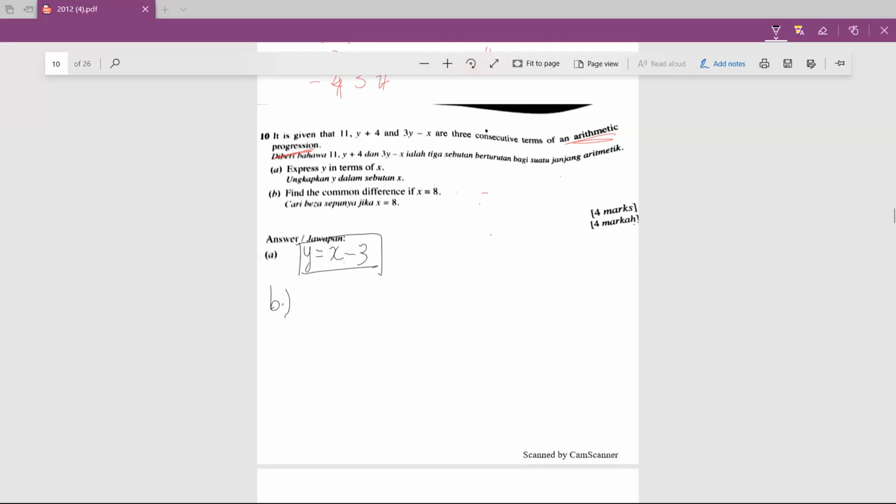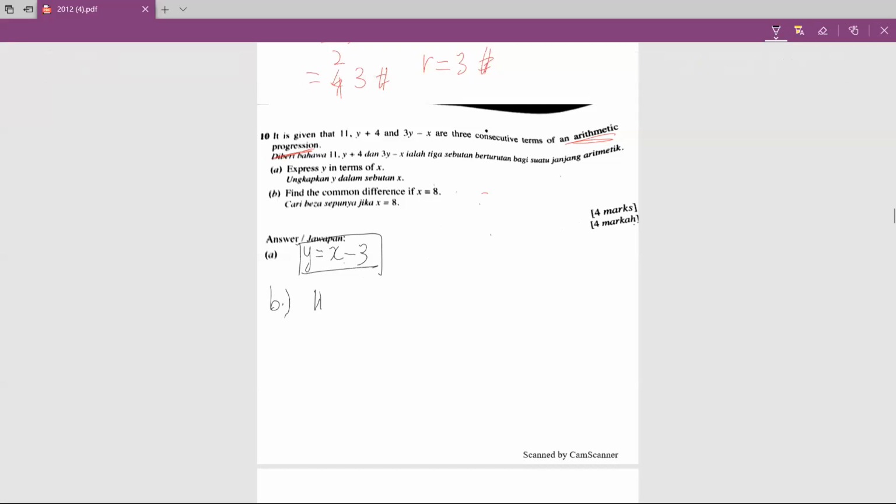Okay, let's look at part B. Part B, dia kata find the common difference if x equals to 8. Sekarang, kita dah tahu. Dah diberi dalam soalan 11, y plus 4, 3y minus x. Betul tak? Kita dah tahu yang diberi x equals to 8. So how do we find a concrete number? Nak cari nombor yang solid.